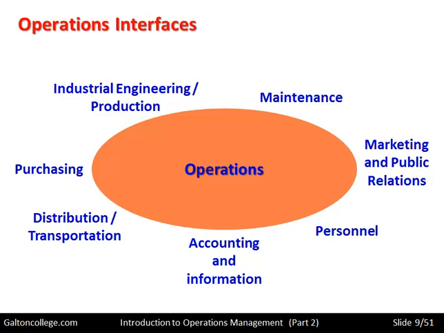And of course purchasing will link with operations as well, because purchasing is the department that will acquire the raw materials and the components, as well as the consumables that are required for operations to run smoothly. Consumables in the form of, let's say, oil for lubrication for the machinery, or clothes to make sure that the dirt and grime of production can be cleaned up.